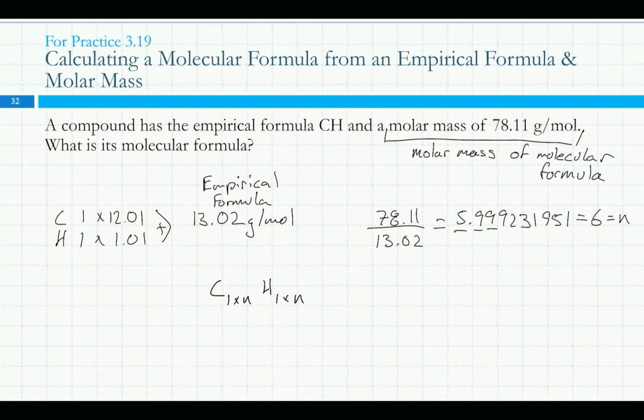So if I take carbon, which I have one of, multiplied by 6, this should be C6. And then the number of hydrogens multiplied by 6, H6. That's the molecular formula.